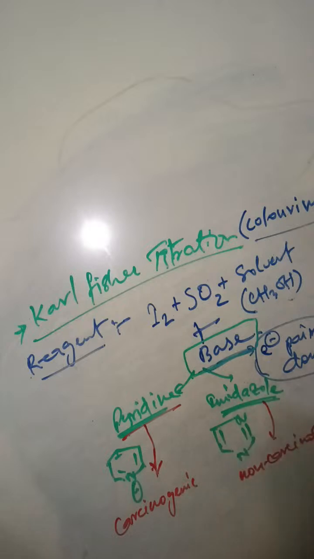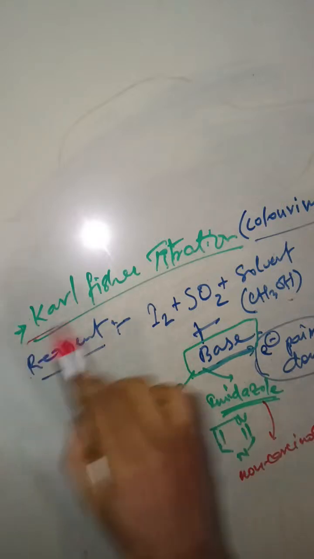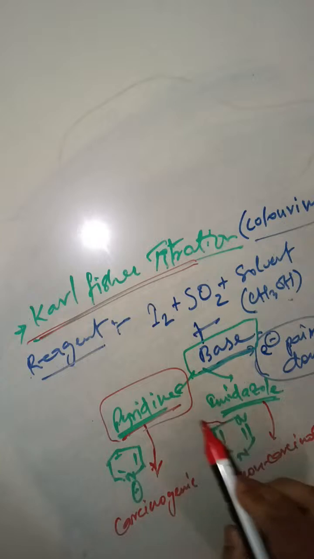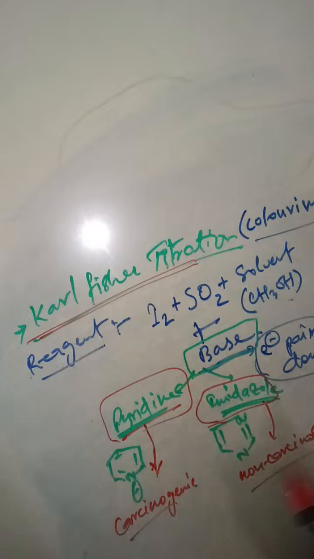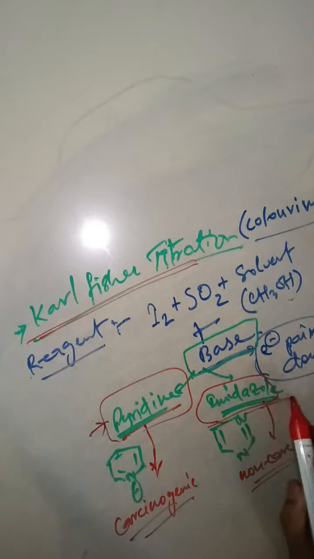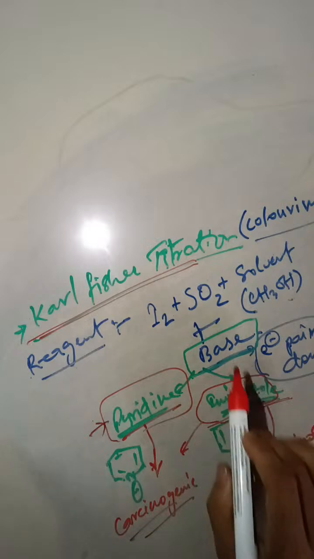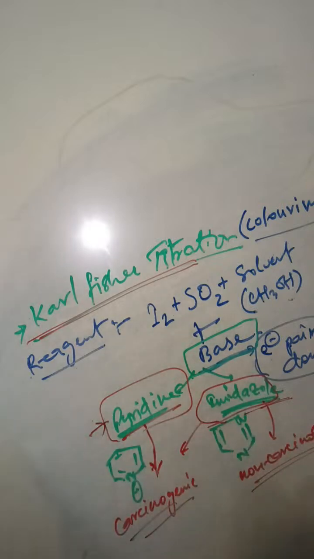So in the question, it may be asked like this. In the Carl Fischer titration, the bases which are used are of two types. One is carcinogenic, another one is non-carcinogenic. So they can ask: imidazole is a carcinogenic base which is used as a reagent in Carl Fischer titration. Is it true or false?